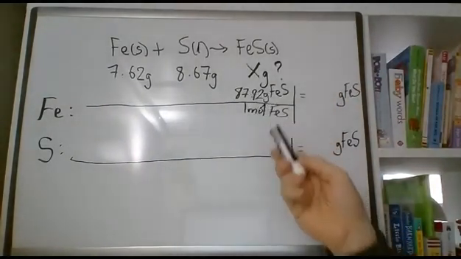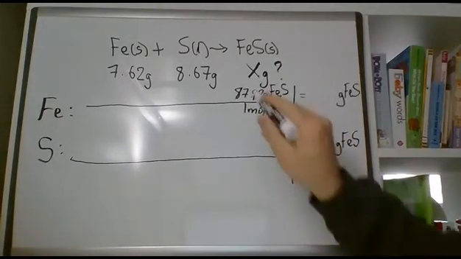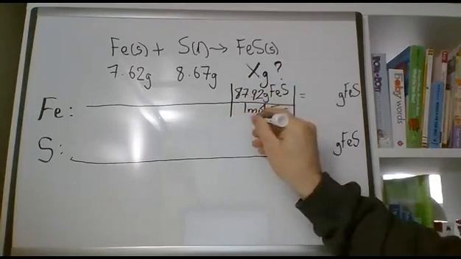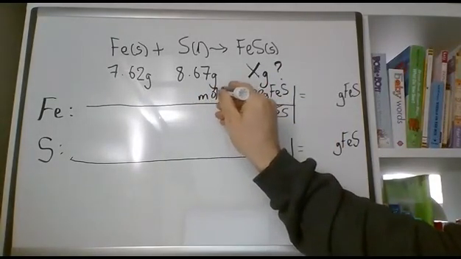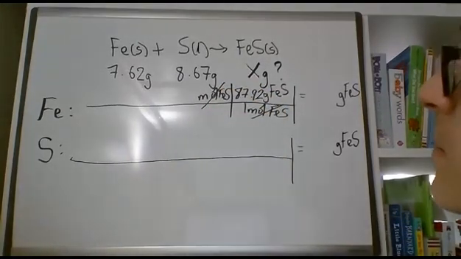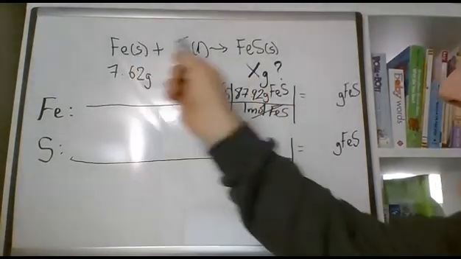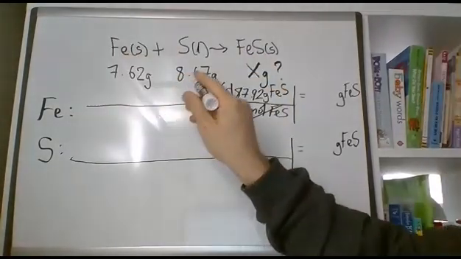Okay, so we have 87.92 grams of FeS is equal to 1 mole of FeS. We cancel mole of FeS and write it here. I know from the balanced chemical equation that 1 mole of FeS is equivalent to 1 mole of Fe.